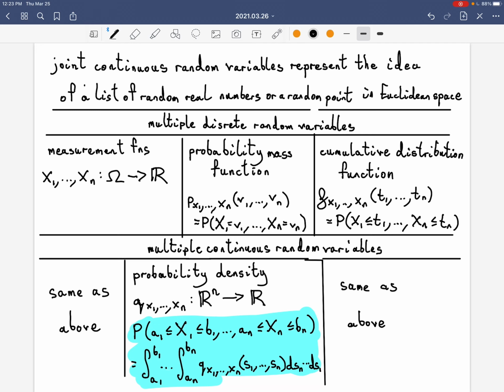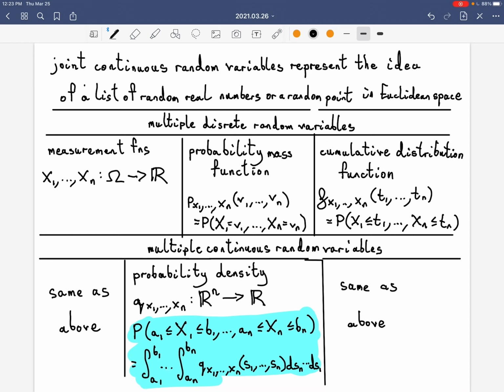And I'm putting all of these conditions, and my last condition says that simultaneously with all the previous ones, my nth random variable satisfies the nth lower bound and the nth upper bound.